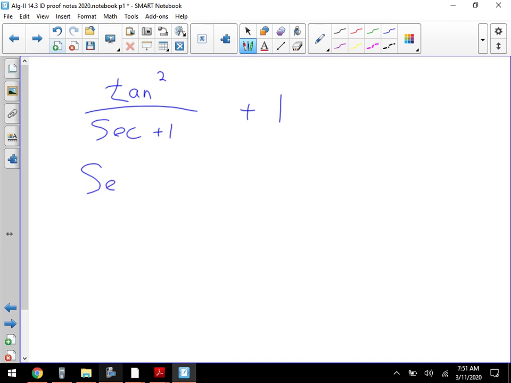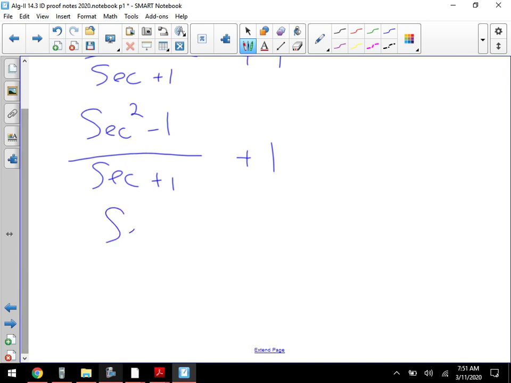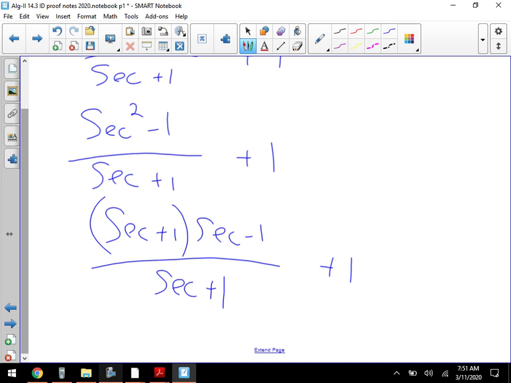So that's secant squared minus 1 over secant plus 1, plus 1. Is that a perfect square? Factor it: secant plus 1, secant minus 1, over secant plus 1, plus 1. What's secant minus 1 plus 1?